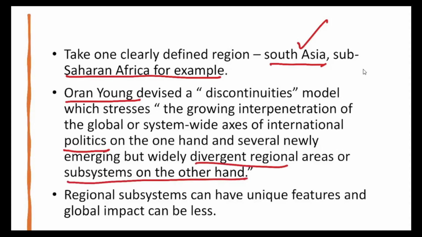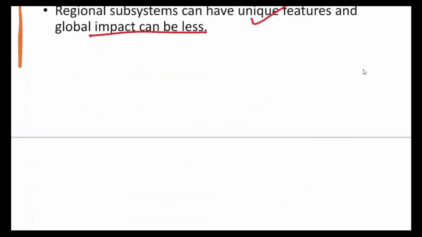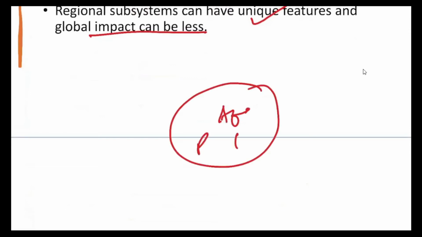So regional subsystems can have unique features, and on some of them global impact can be less. So it means we can apply a systems approach to our region of Afghanistan, Pakistan, India, or here China.